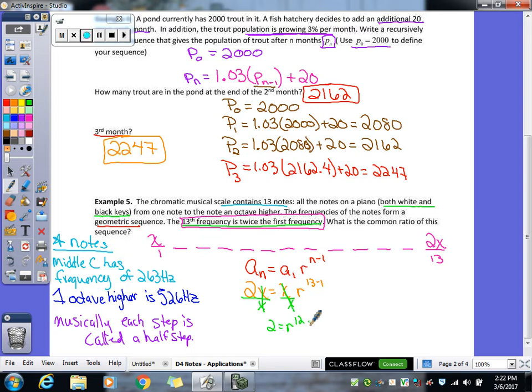So I get r to the 12th power equals 2. Going back a couple units, I have to raise this to the reciprocal power. So when you plug that into the calculator, you get r equals 1.059. So there's our common ratio for that one. Doesn't seem like you had enough information for it, but you definitely did.